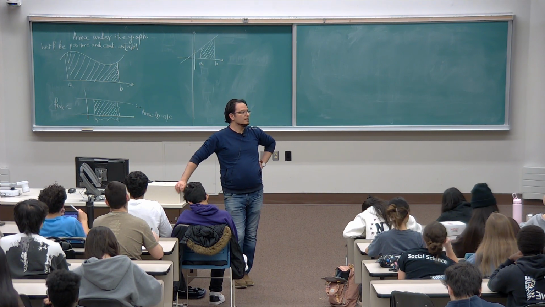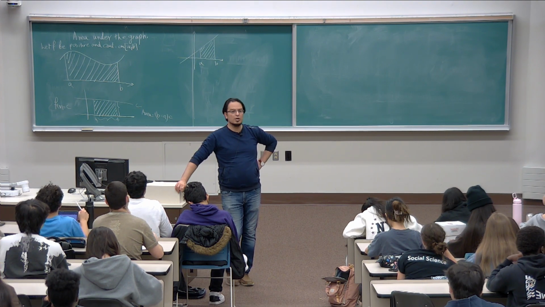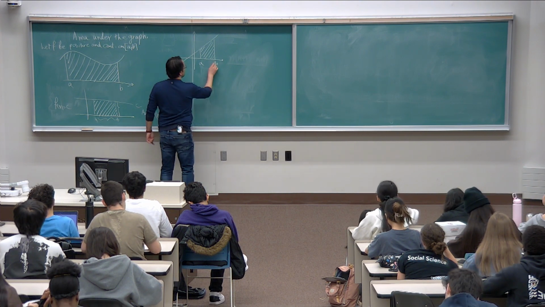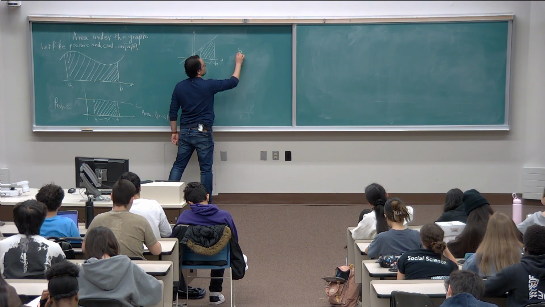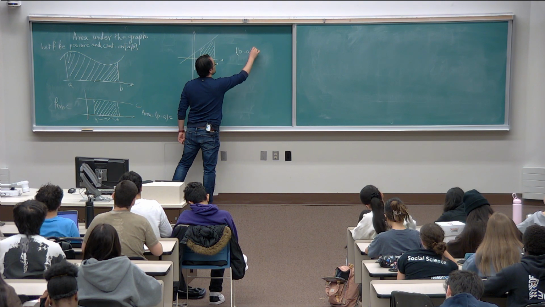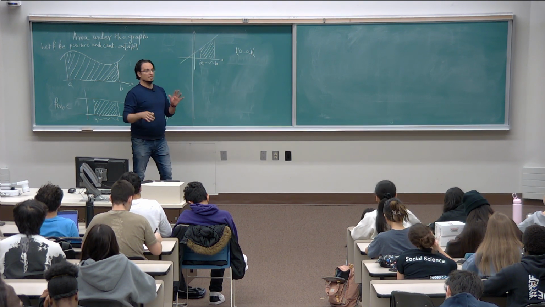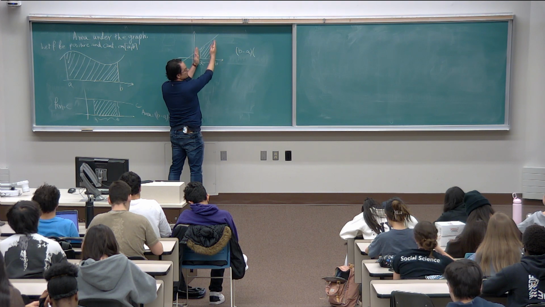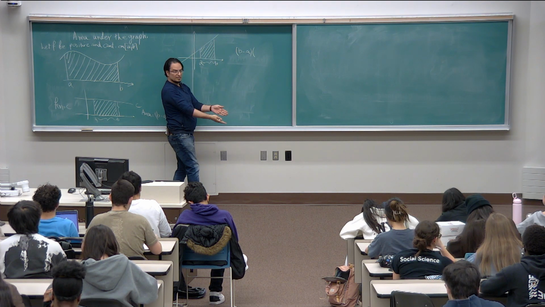Yeah, right trapezoid. So in that case, we take this part, which is b minus a, and then the area of the trapezoid says this plus that times that divided by 2.